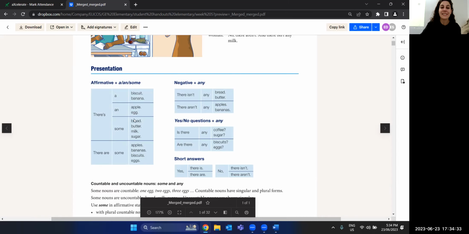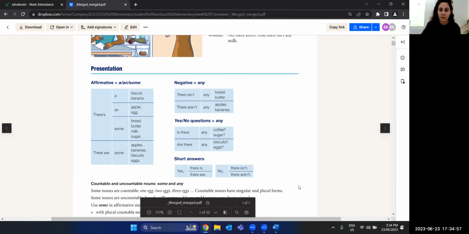No, we say there's some bread. We don't put a number. But also we can use the word some for countable and uncountable. So here we have countable. There are some apples. There are some bananas. There are some biscuits. There are some eggs.